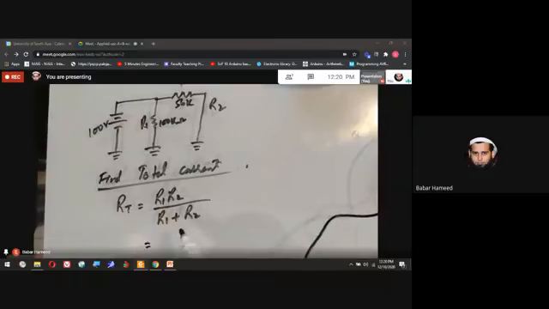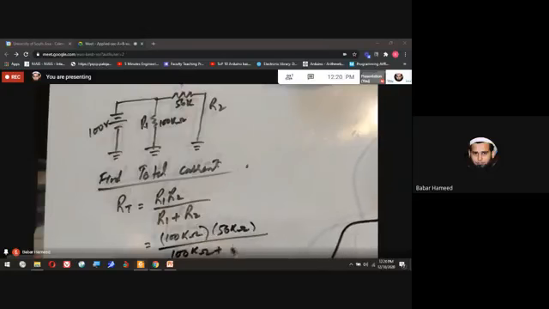And the values here are 100 kilo ohm and 56 kilo ohm, and the sum will be like this.